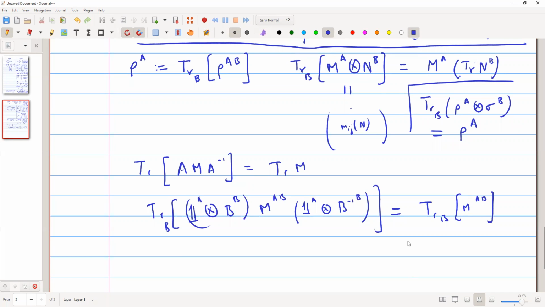Let's stare at this in slightly simpler notation. Here is a matrix M, but now it's on the system A tensor B. It's a linear operator on the system A tensor B.